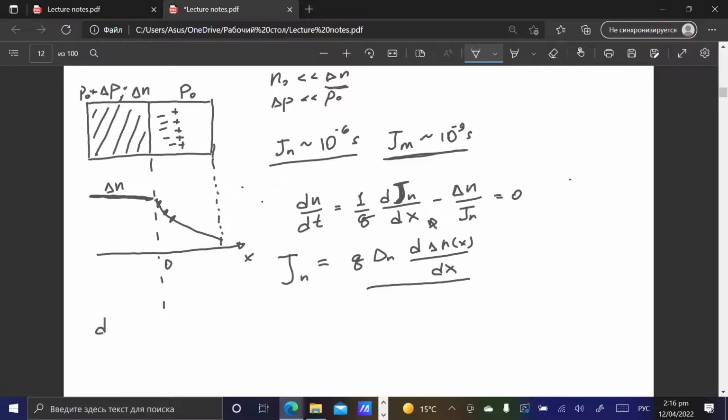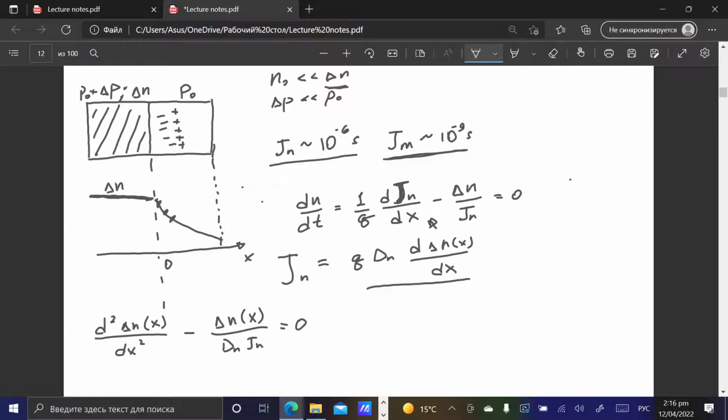So it will be d squared delta n as a function of x divided by dx squared, minus delta n of x divided by Dn tau n, and that will be equal to 0.